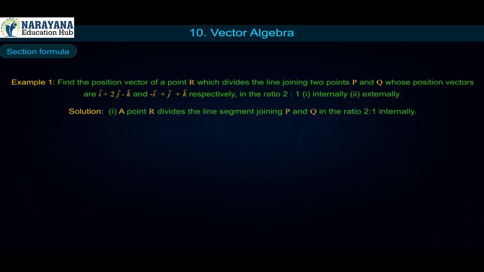Solution. Number 1. A point R divides the line segment joining P and Q in the ratio 2:1 internally.